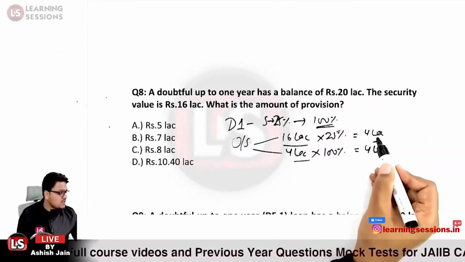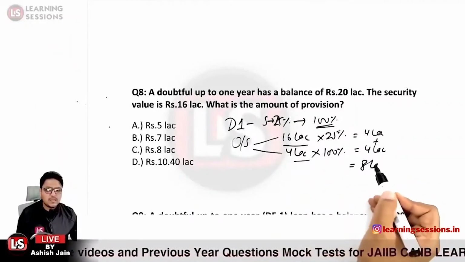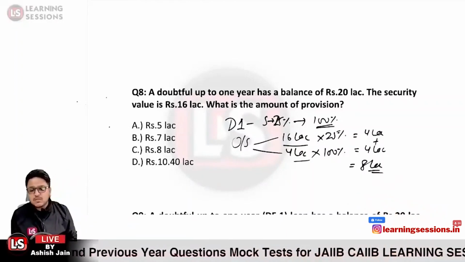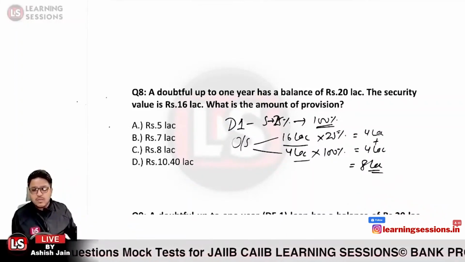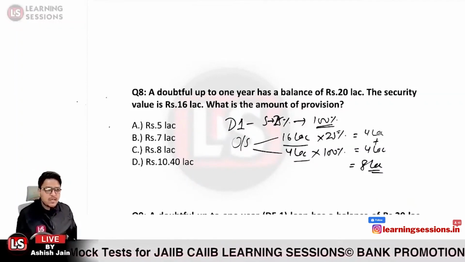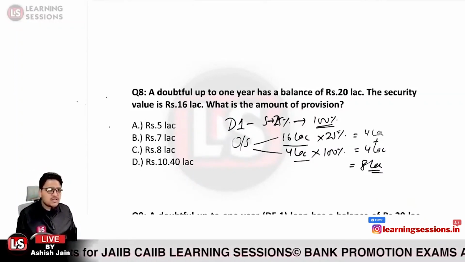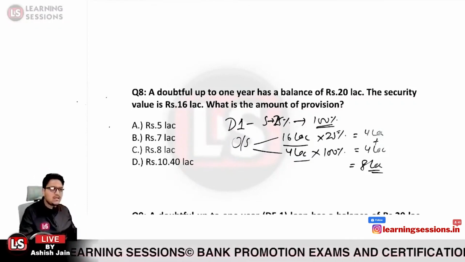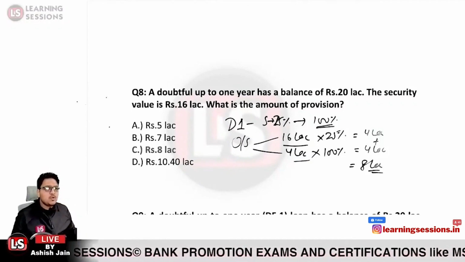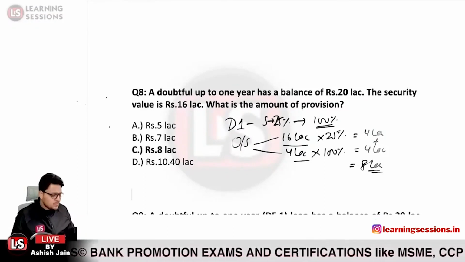So the total provision to be maintained is 8 lakh rupees. So for question number 8, option C is the right answer. Anita Prajapati has answered the question at the earliest. Is that clear? That would be all for this particular video.